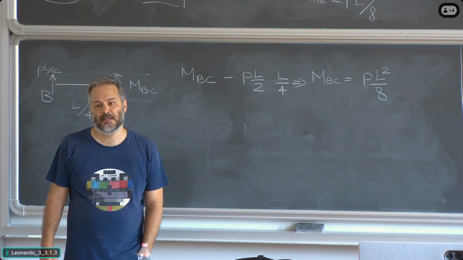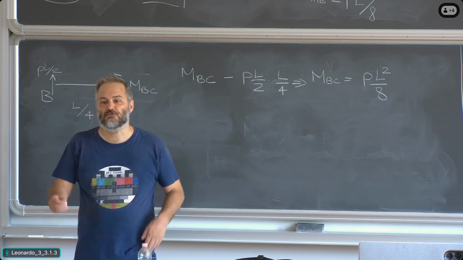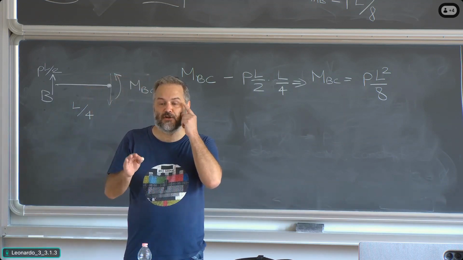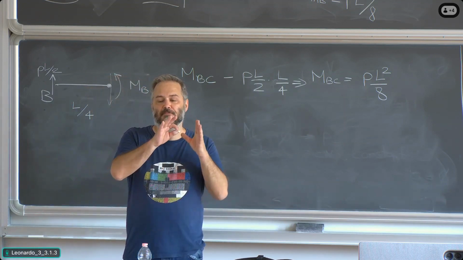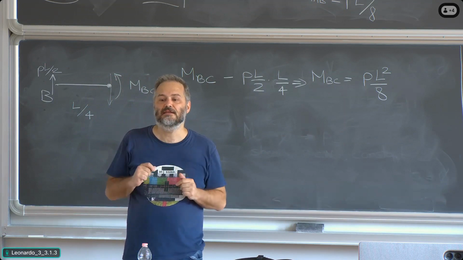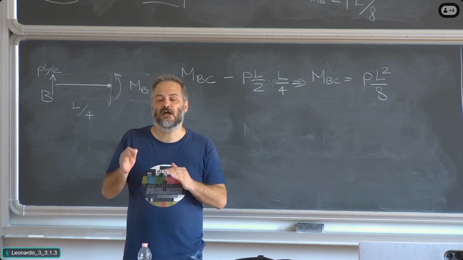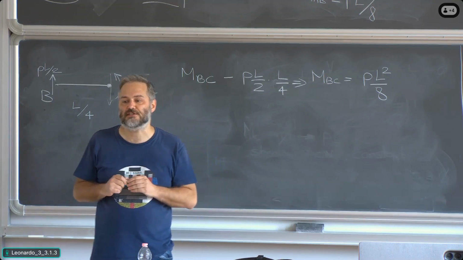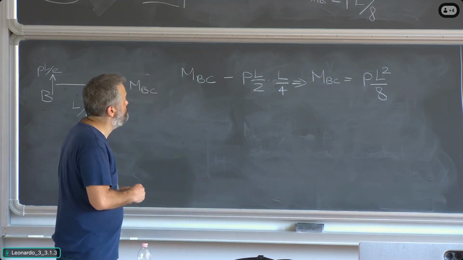Okay? Check what we did in class. Given that we changed the value of the concentrated load from capital P to PL and the span from L to L divided by 2, the value is consistent. Okay?